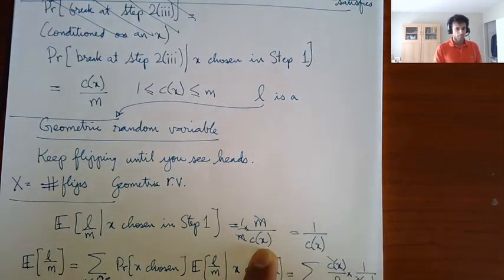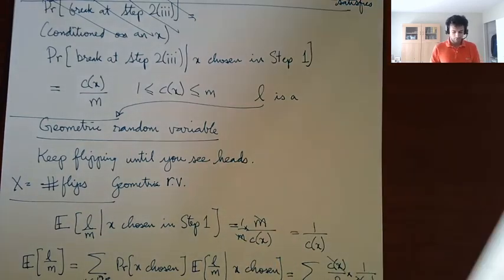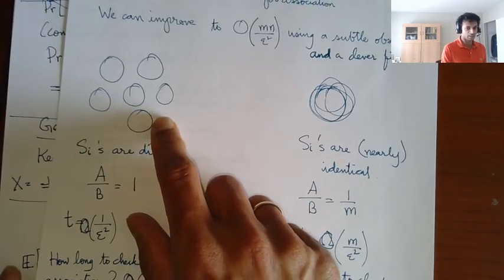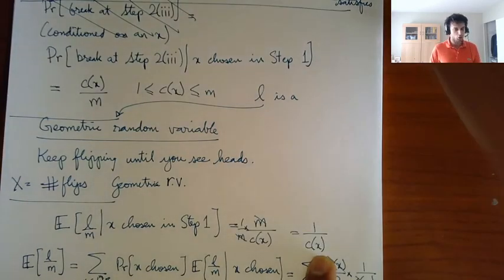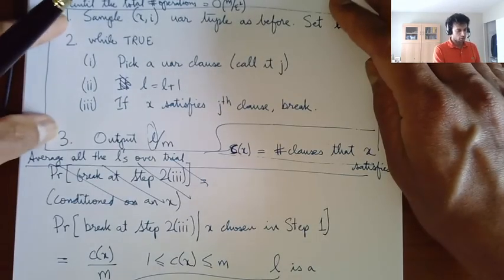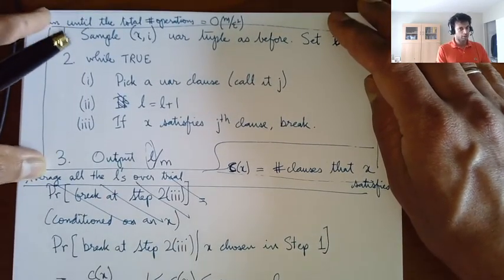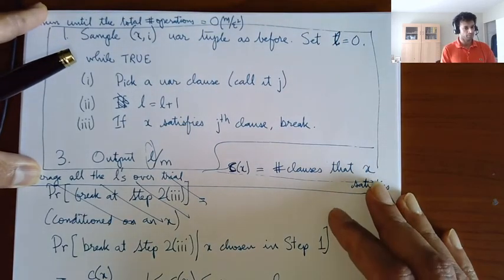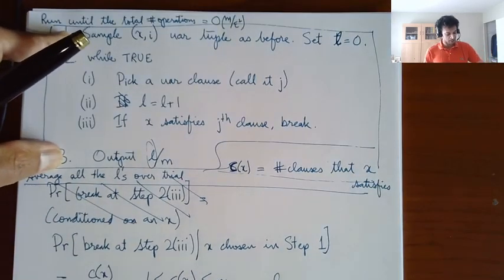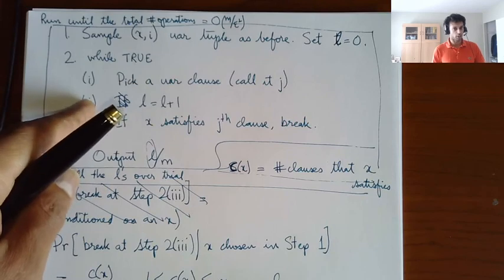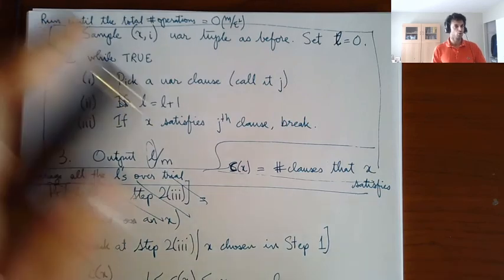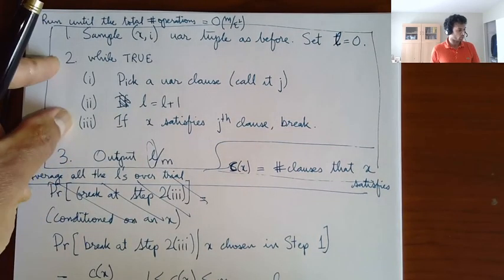So if c of x is small, that means you're basically in the disjoint setting. Things satisfy very few clauses. Each trial, each run of this box, takes a long time, but you're going to do few of them. And in the case where c of x is large, this will terminate quickly, so you can do many more trials, which is exactly what you wanted. And therefore the product will be maintained.